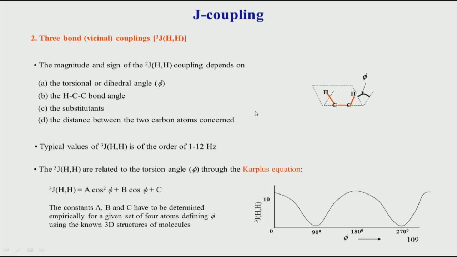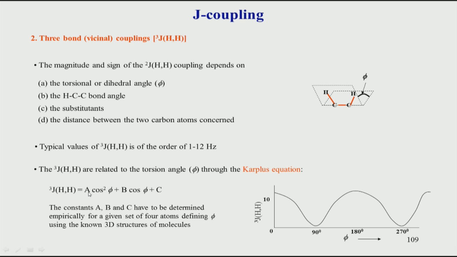There is a very famous equation known as the Karplus equation which shows how the 3 bond J value is related to the torsion angle. This is typically the equation: A cos square theta plus B cos theta plus C, and here the values A, B and C depend on the type of J value you are looking at.